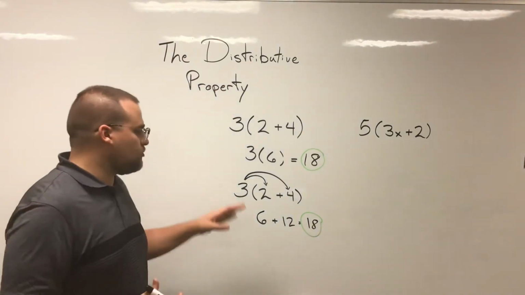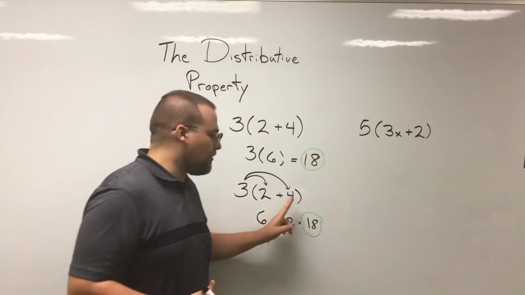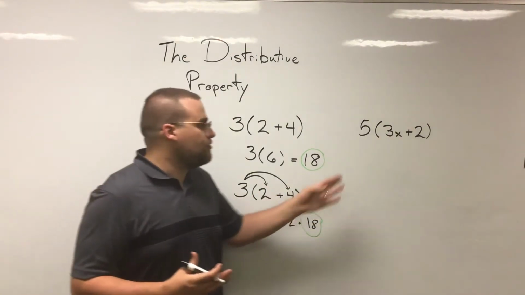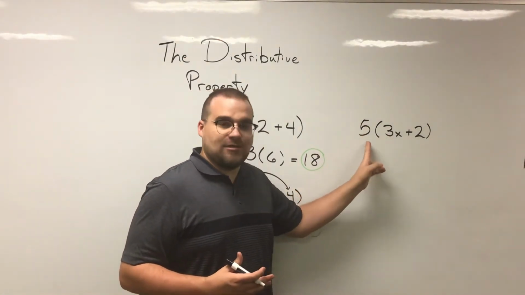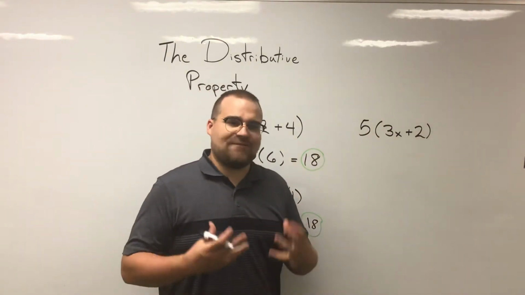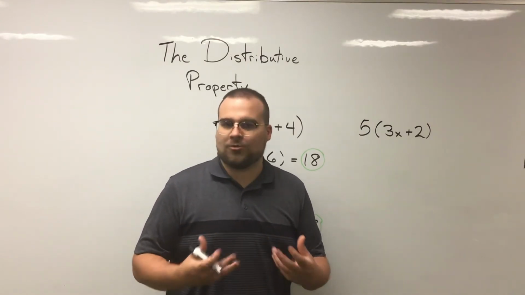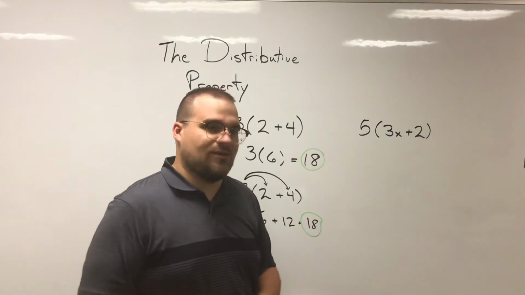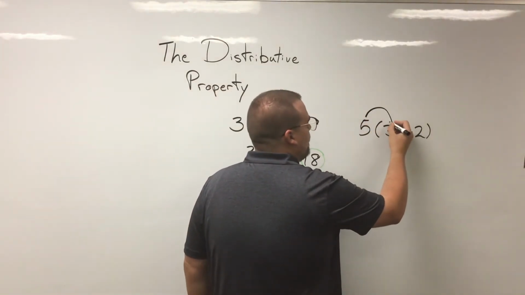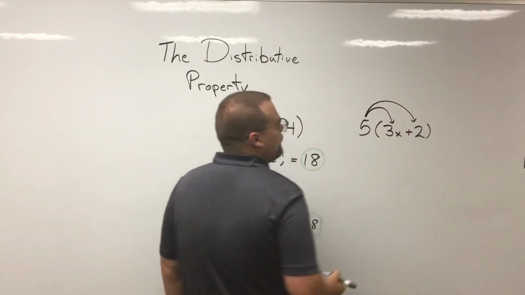We still want to solve as much as possible. So since the distributive property says it's okay to go ahead and multiply that number on the outside by both of them first, we can do that. We can deal with this 5. We can get that 5 put in there so that we have an expression that's a little bit simpler to work with than having all these different numbers. So that's what we're going to do. The 5 is going to multiply the 3x, and the 5 is going to multiply the 2.